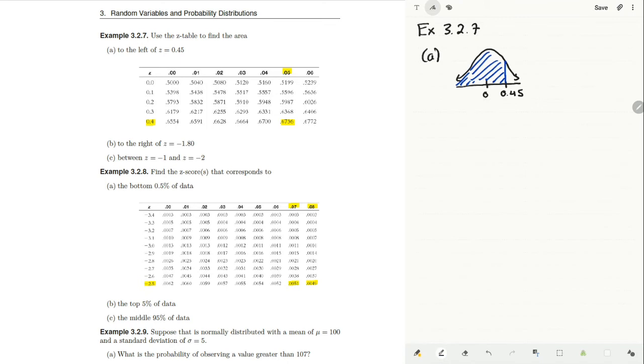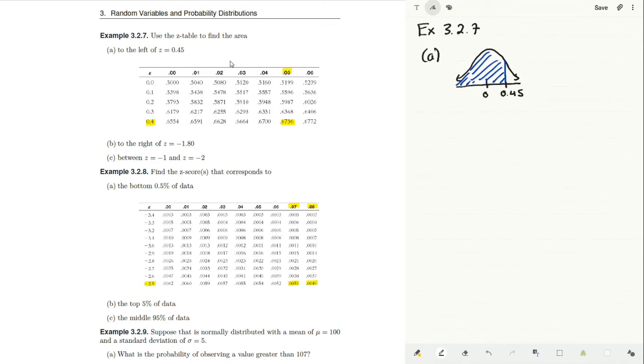So here is part of the z-table. The left column of the z-table shows the ones digit and the first decimal place of the z-score. The first row in the z-table shows the second decimal place of the z-score.